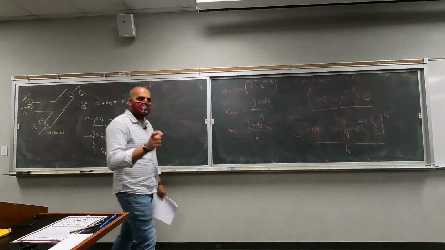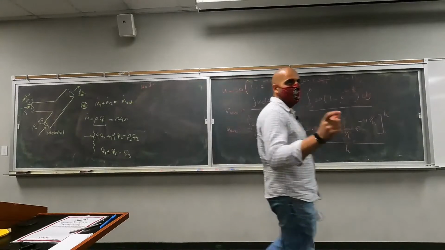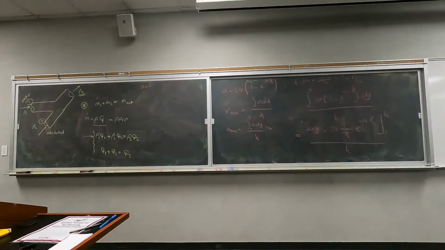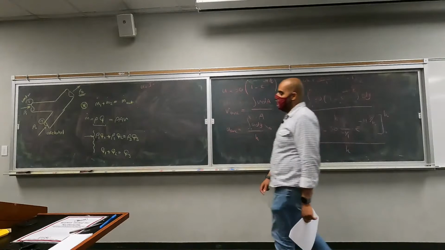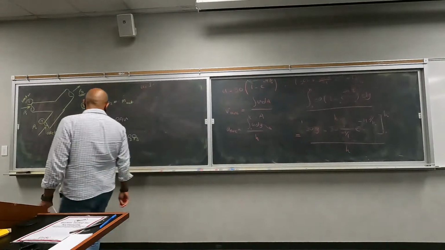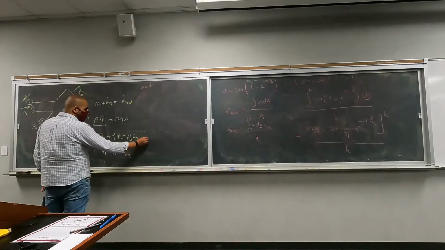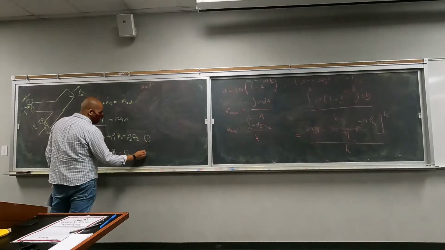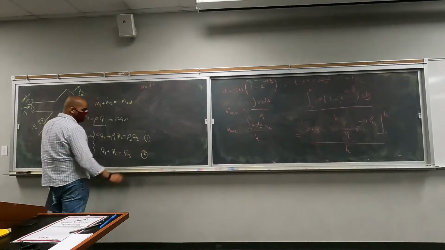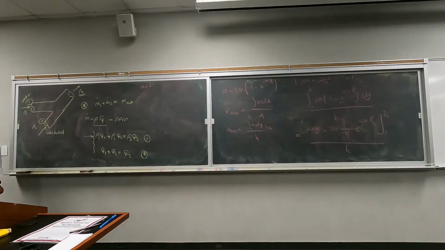So the point of this problem was to tell you that the liquids are always incompressible. It doesn't really matter if you're dealing with a mixture or not. The only thing is, for a mixture, we will have these two equations that are both going to be true at the same time.